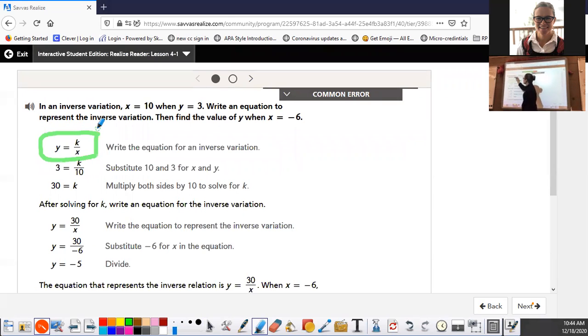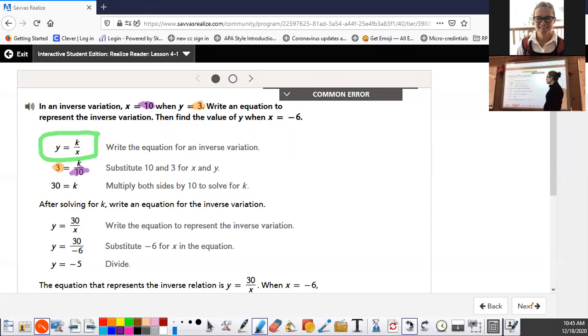Start with y equals k over x, and that way you can plug things in appropriately. They're telling us right away that y is 3, so we plug that in. They're telling us that x is 10, so we plug that in. When we solve for k, we multiply both sides by 10, and we find our constant.